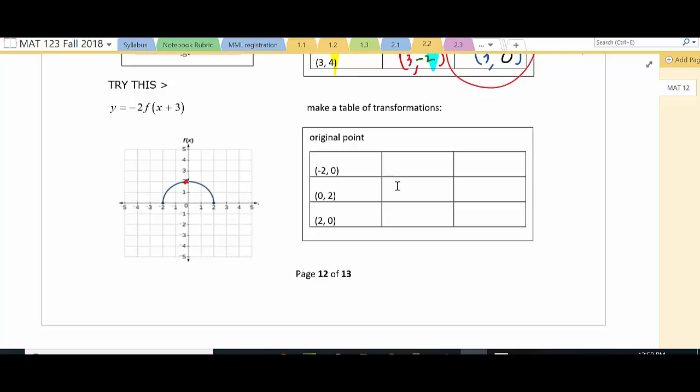Just go ahead and put those same y values. And then the x's are going to stay the same. Okay, and then the next step, you got the x's and the y's, you just multiply them all. So you'll end up doing -2 times 0, -2 times 2, -2 times 0. Then you got it. So if you get a semicircle upside down and stretched a little bit, I think that looks right to me. Should be getting a semicircle stretched and reflected.